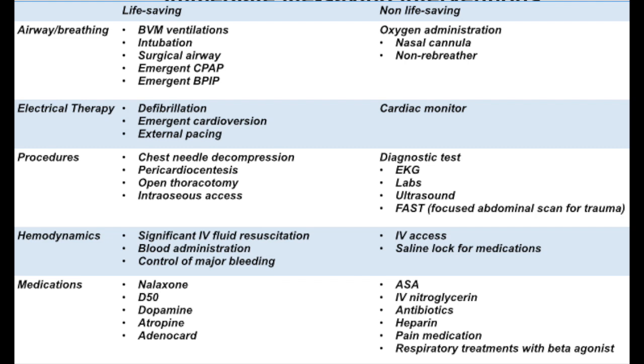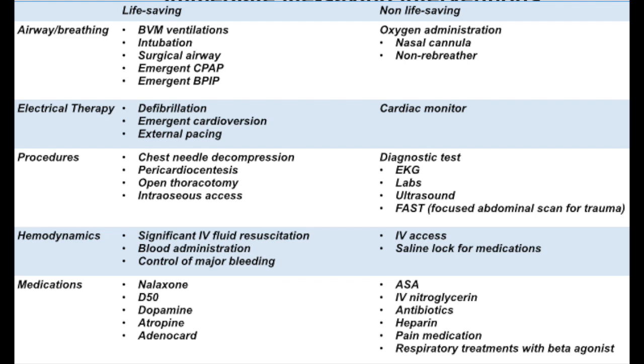A patient requiring dopamine for unstable blood pressure, atropine for an unstable heart rate below normal, or if they need Adenocard or adenosine for an unstable SVT, this will all be an ESI 1 patient. This patient needs to be in the room immediately with a provider, as well as the nurse to provide life-saving measures. So notice on the non-life-saving side, these are things that can be initiated by the nurse.